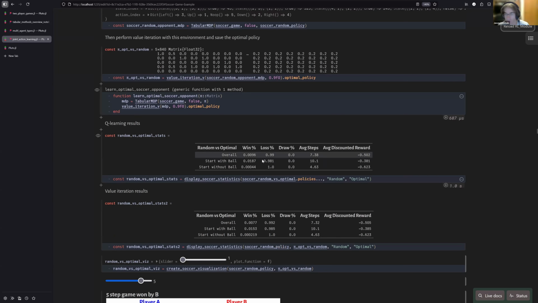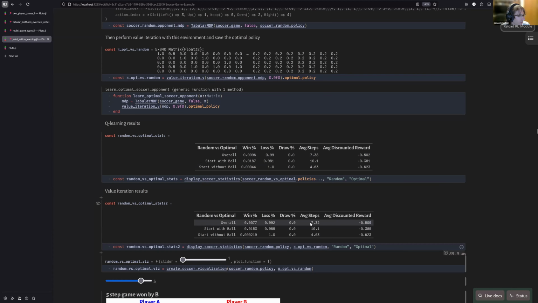In this case, the Q-learning works pretty well too. The result for the exact solution is a little better, right? This reward value is a better outcome than any of the other policies we had. With independent Q-learning we had about negative 0.4, and here we have negative 0.5. So this value is the best that you could do with this discount rate of 0.9 in this game against a random opponent.